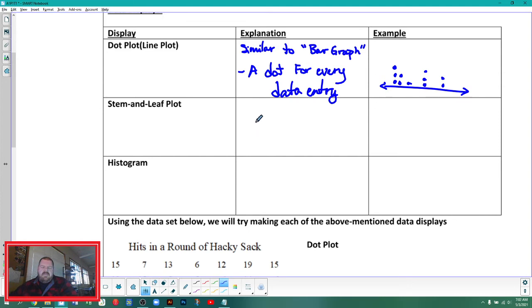Stem and leaf plot, you've probably dealt with these before. They will break down the values of the data by a leading value.